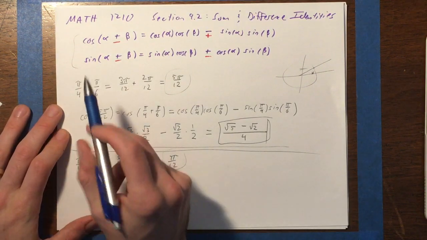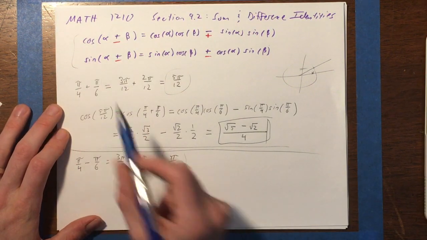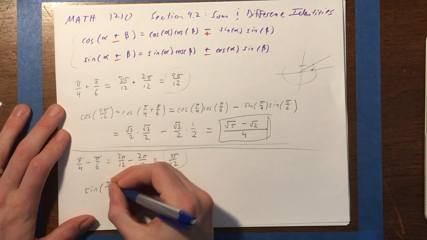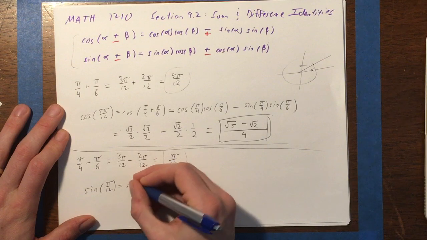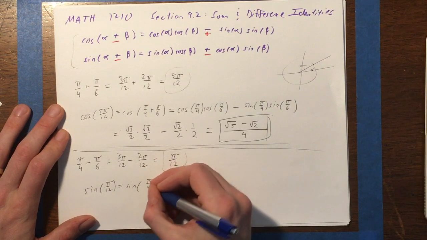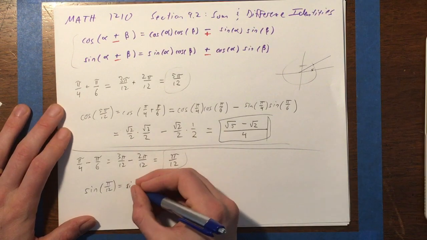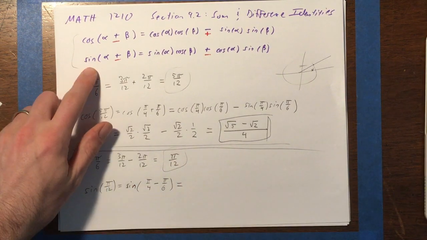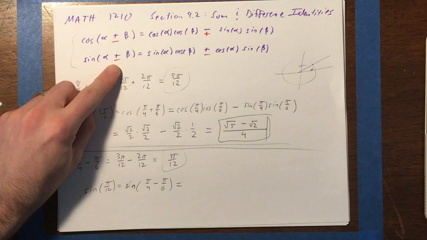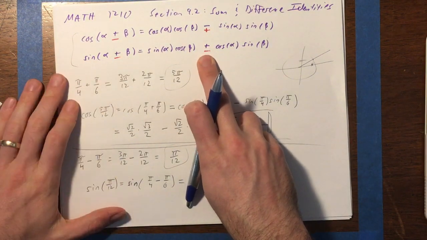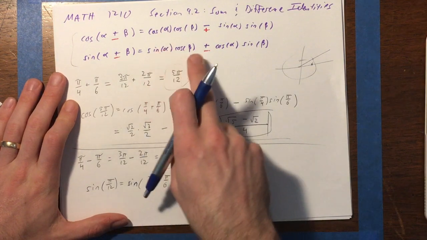So let's do the sine this time. Let's demonstrate how the sine one works. Sine of pi over 12 is going to be sine of pi over 4 minus pi over 6. And so now we're going to use the sine formula with the minus version, alpha minus beta, using alpha is pi over 4 and beta is pi over 6 again.